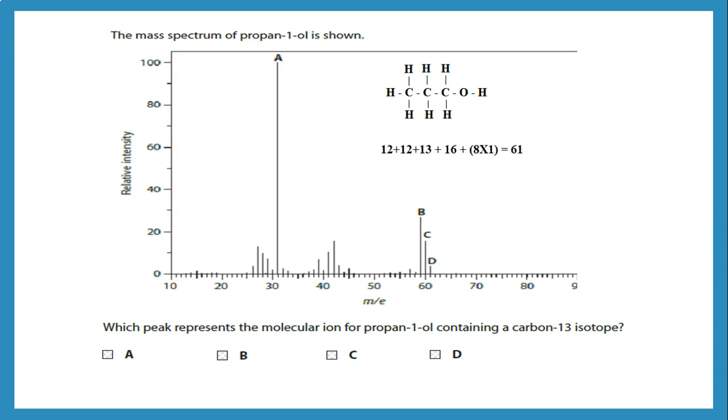But carbon has another isotope with a mass of 13. So if I have a carbon-13 isotope in one of these carbons, then my molecular mass would be 61. So that is the peak that he labeled D.